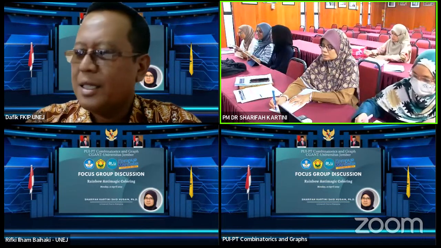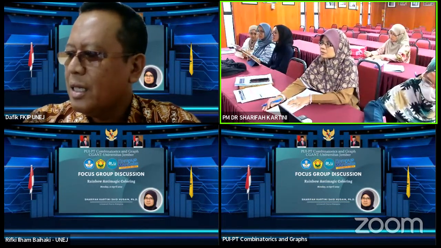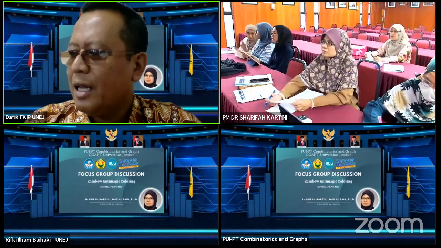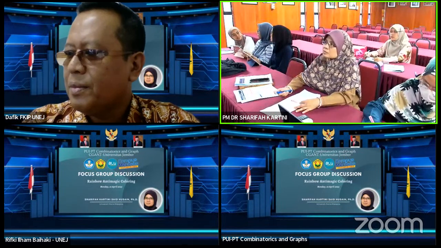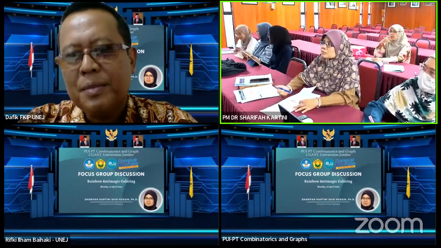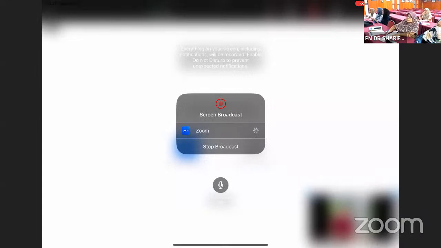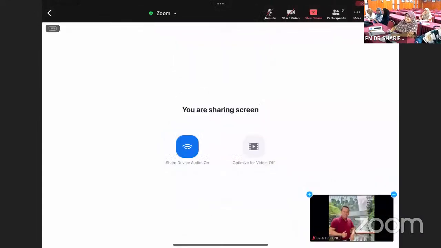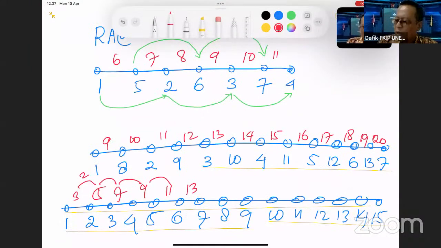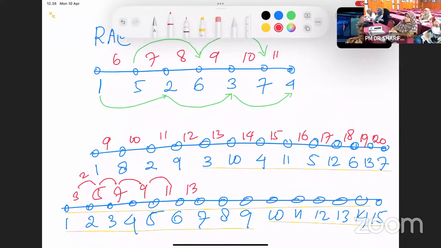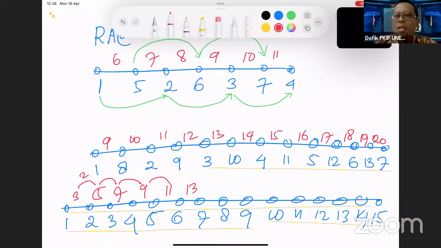How many colors? The question is, if you count this one, the red one shows the colors of the rainbow anti-magic coloring.